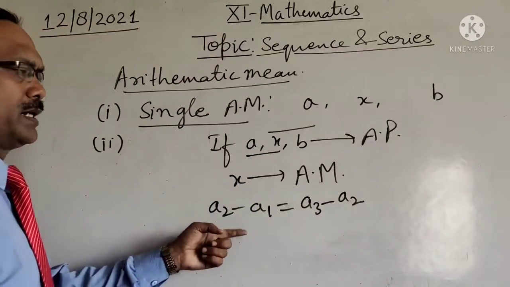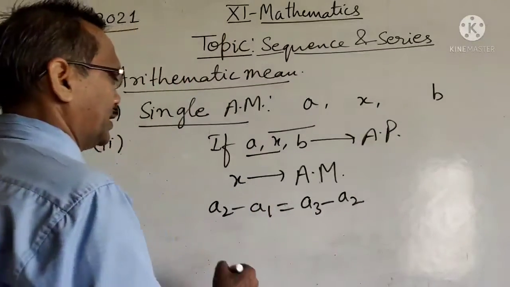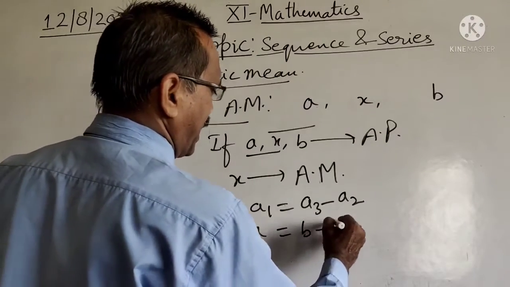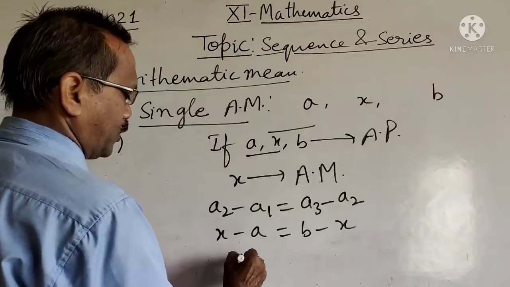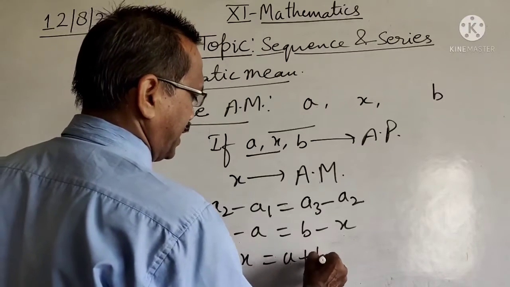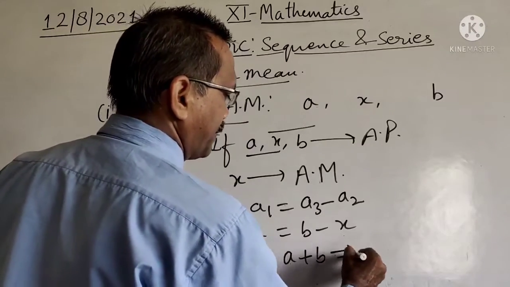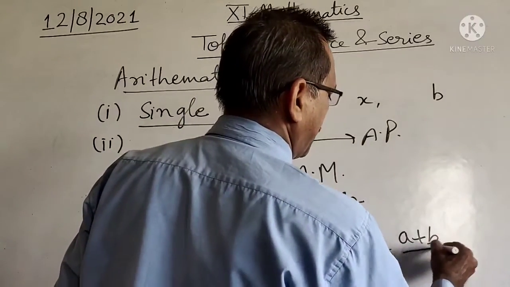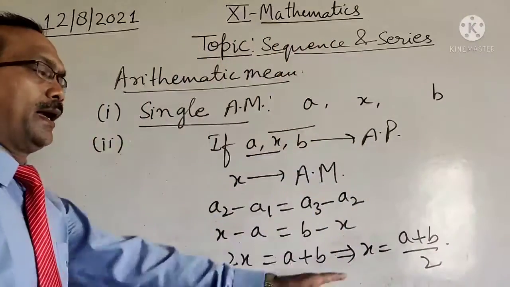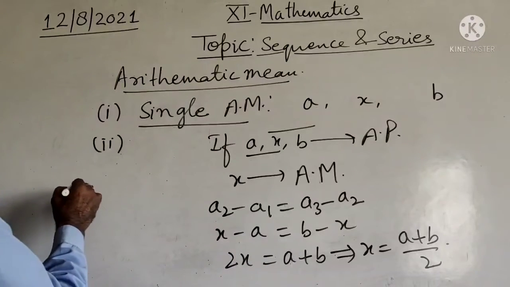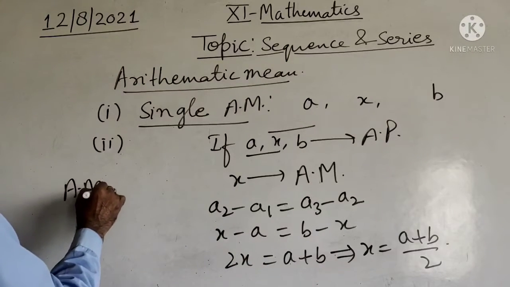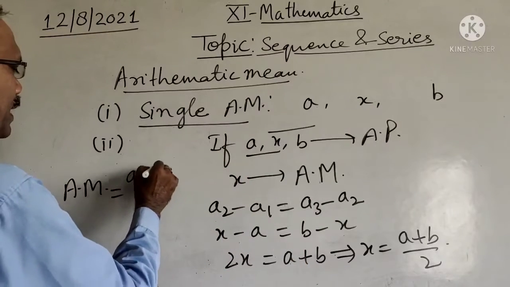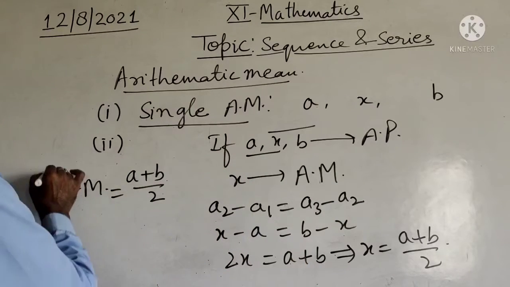A2 minus A1 equal to A3 minus A2. Therefore, X minus A equal to B minus X and 2X equal to A plus B. From this we will get X. So, X equal to (A plus B) by 2. So, this X is called arithmetic mean. So, AM between two numbers is (A plus B) upon 2.